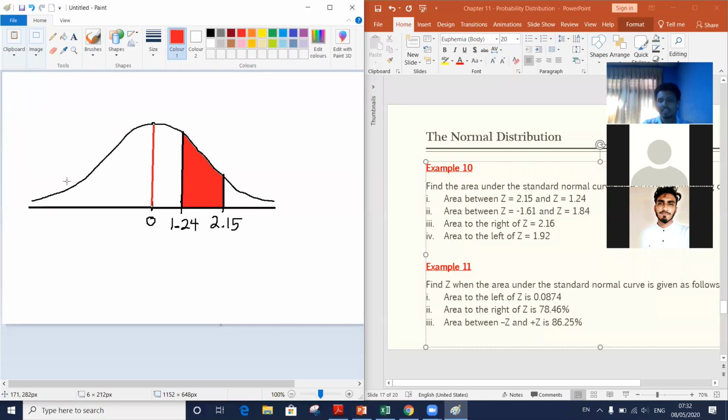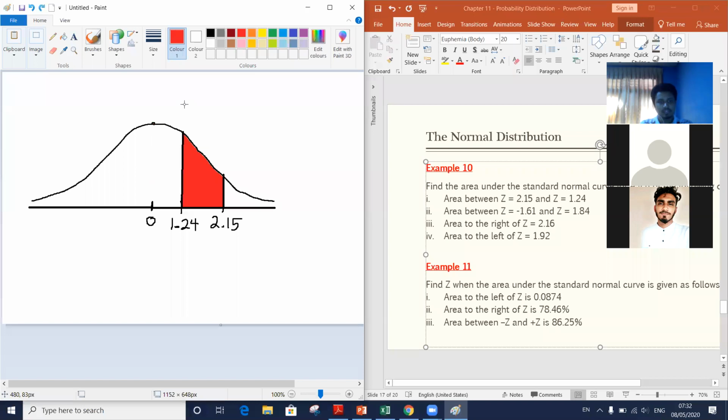It should be 0.5, and to the right hand side again 0.5. Why? A normal distribution is symmetrical, so we can take it in halves.